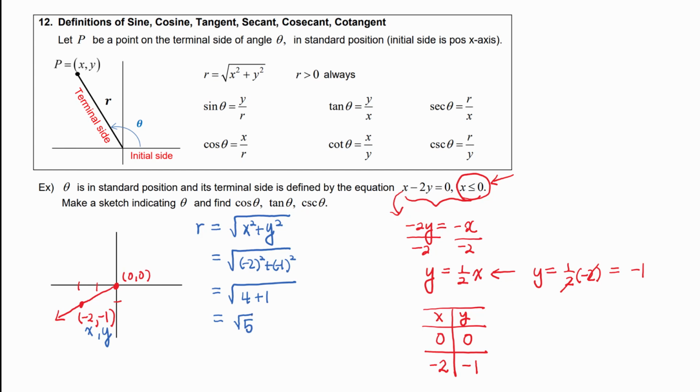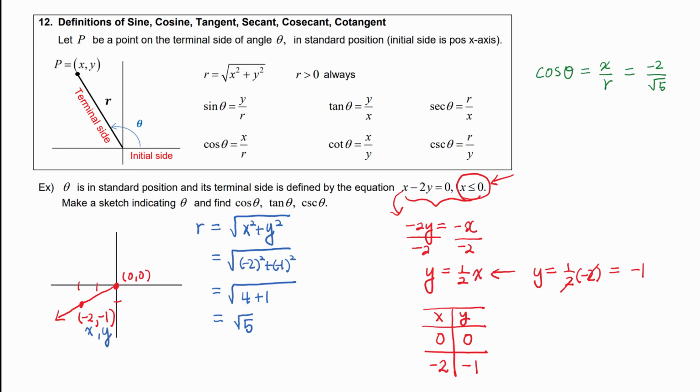Now I can find cosine theta, which is equal to x over r, and x is negative 2 and r is radical 5.